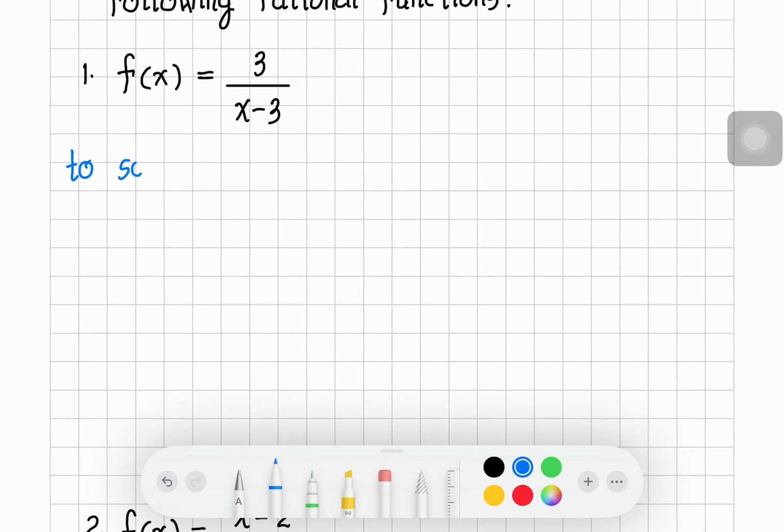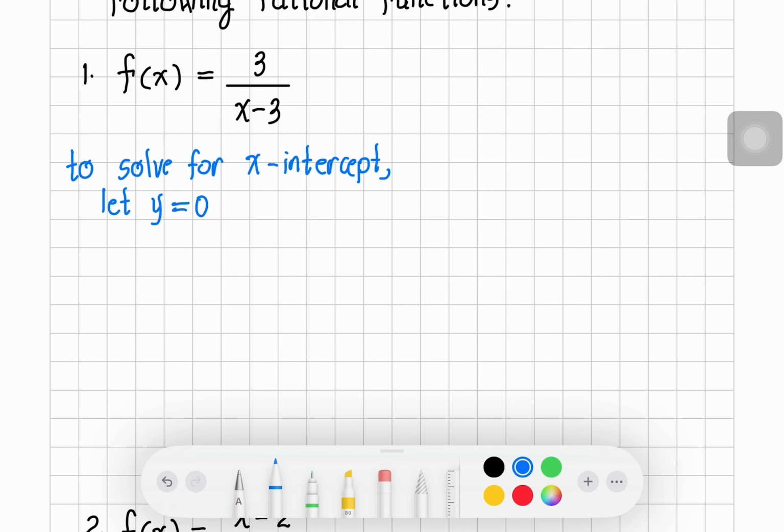To solve for x-intercept, let y be equal to 0. Okay.